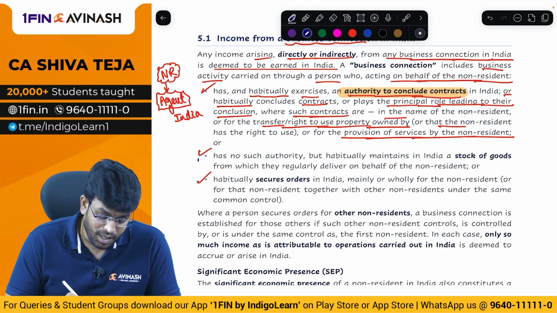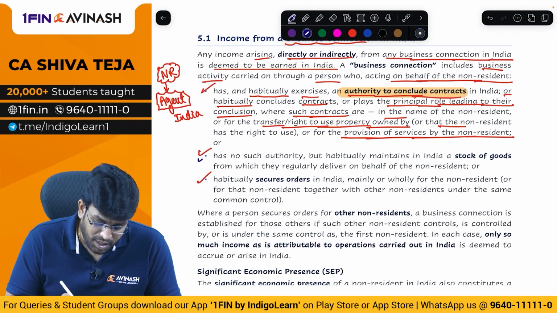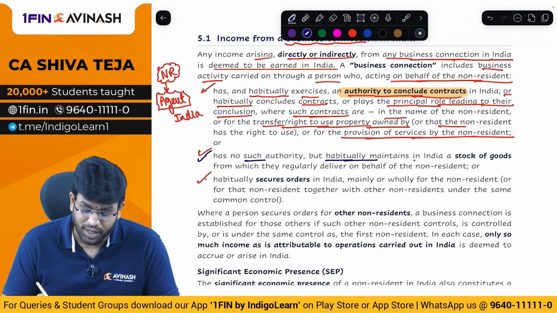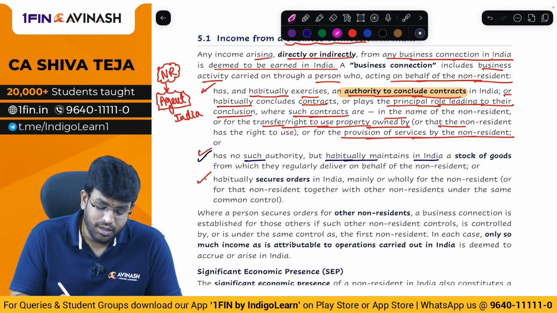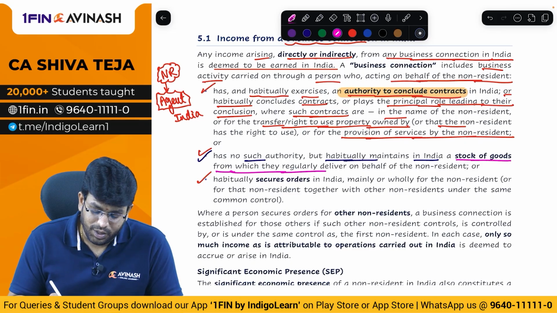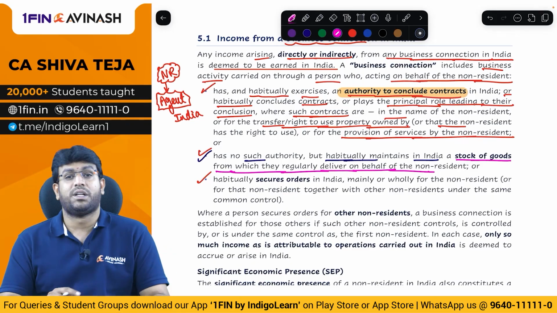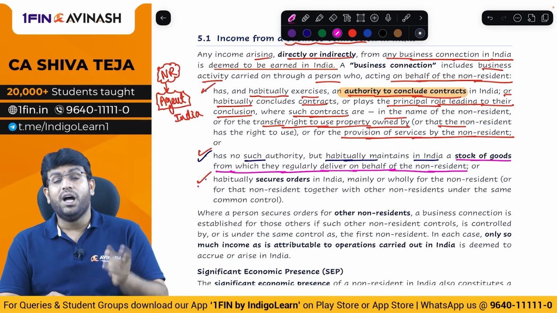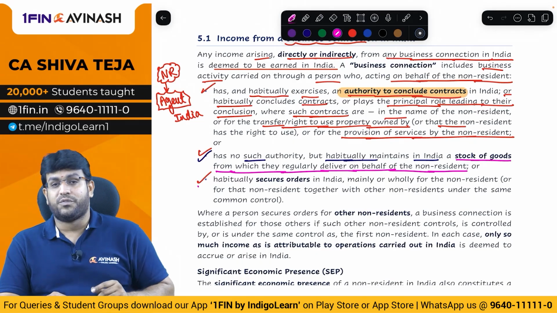Next point. Has no such authority but habitually, that means what? Usually maintains in India a stock of goods from which they regularly deliver on behalf of the non-resident. First possibility is what? The non-resident is having an agent in India who is concluding contracts on behalf of the non-resident.